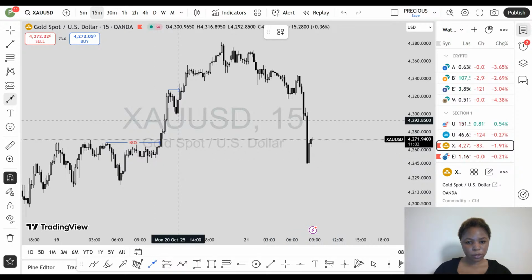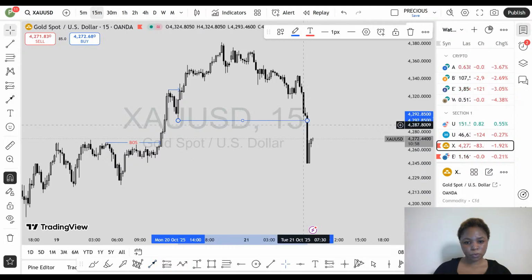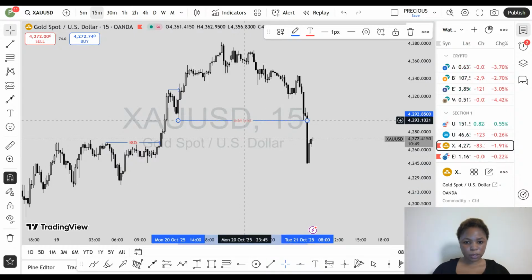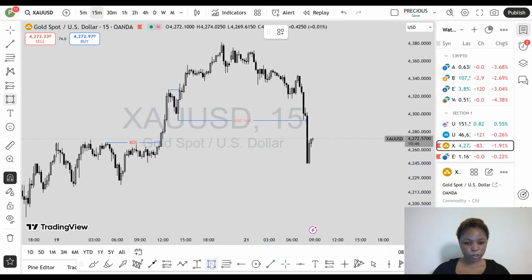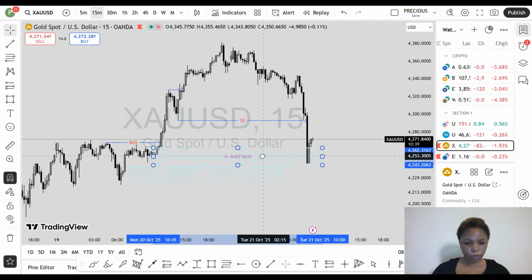So we say an order block in a bullish market is the last bearish candle before a strong move upward. So we were able to have liquidity here and then price came to mitigate our order block here before moving upward.